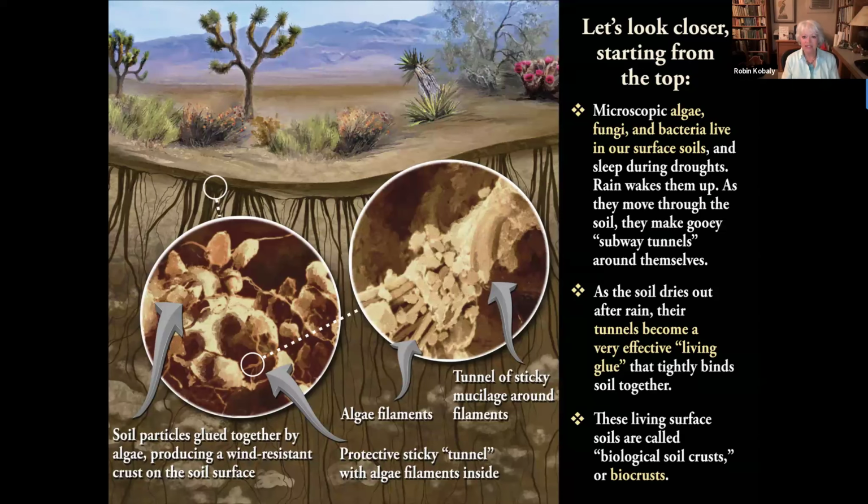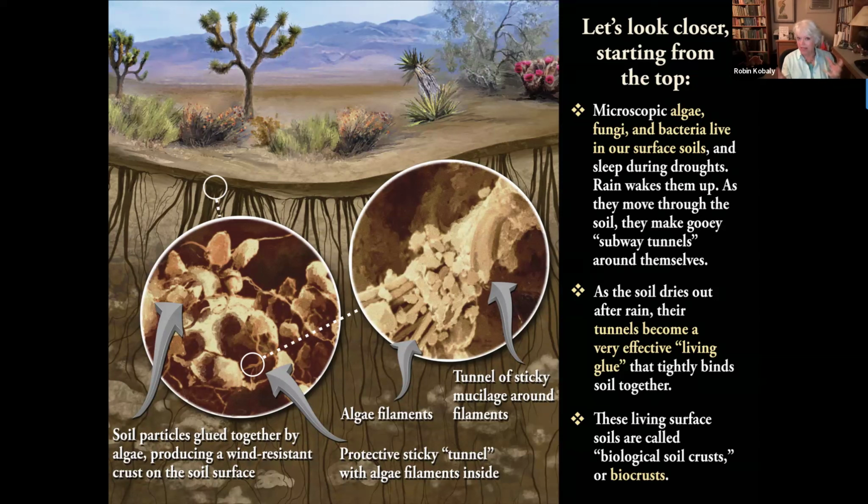So if you look at the left hand circle on your screen, that is a micrograph of desert soil grains, and the threads in between them are encased filaments of algae, and we used to call them blue-green algae.